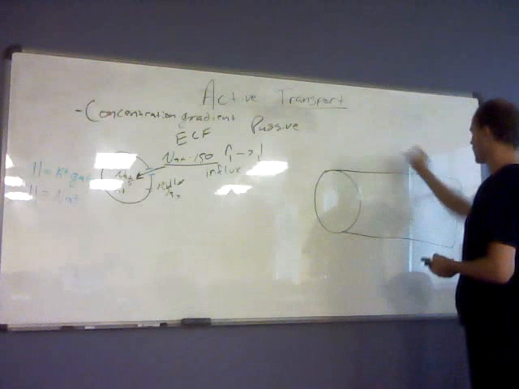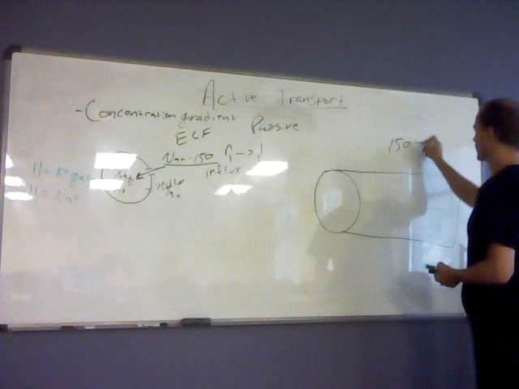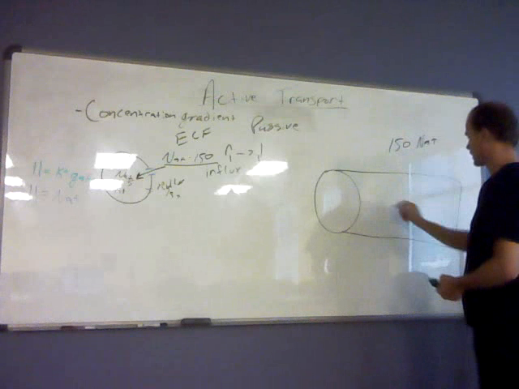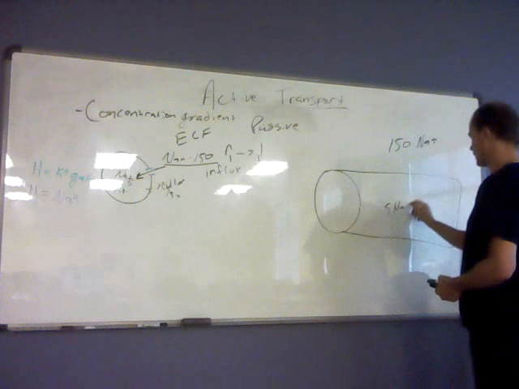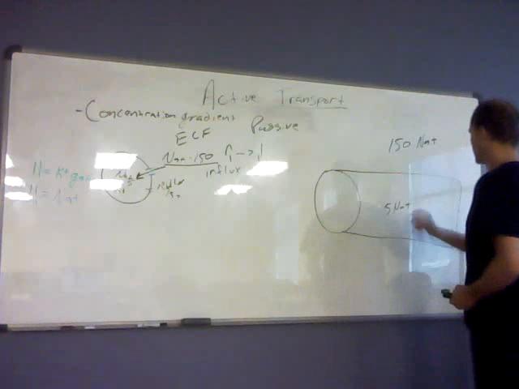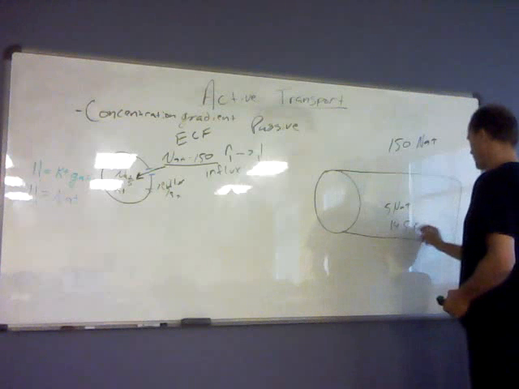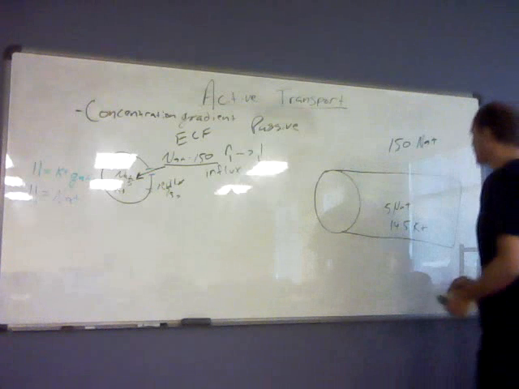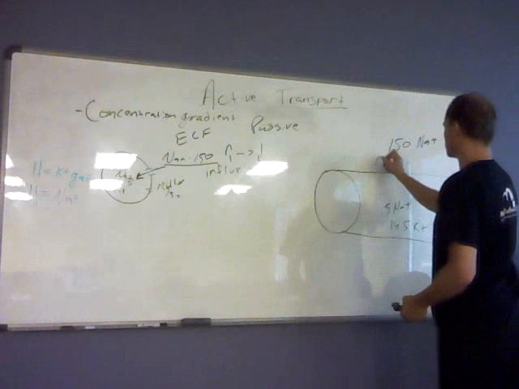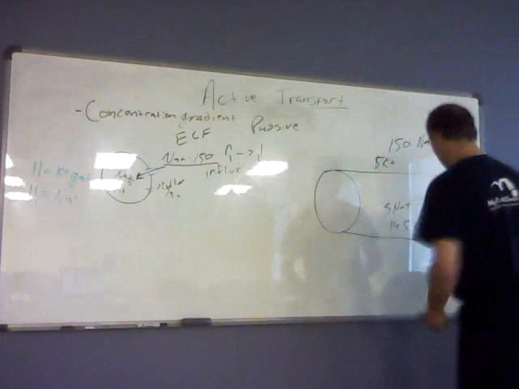And let's go with the numbers again: 150 sodium ions on the outside, 5 sodium ions on the inside. Let's say there are 145 potassium ions on the inside and 5 potassium ions on the outside.